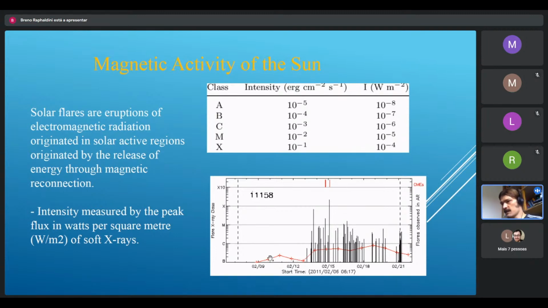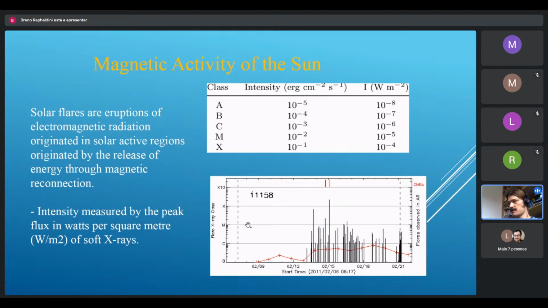Here you can see, for instance, a series of solar flares in one particular active region, and these horizontal lines are the thresholds for the intensity of the flare. All the ones above this threshold are C class.